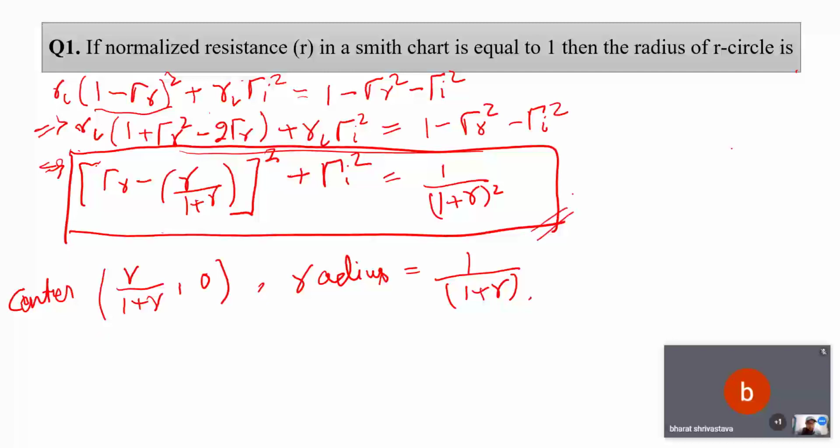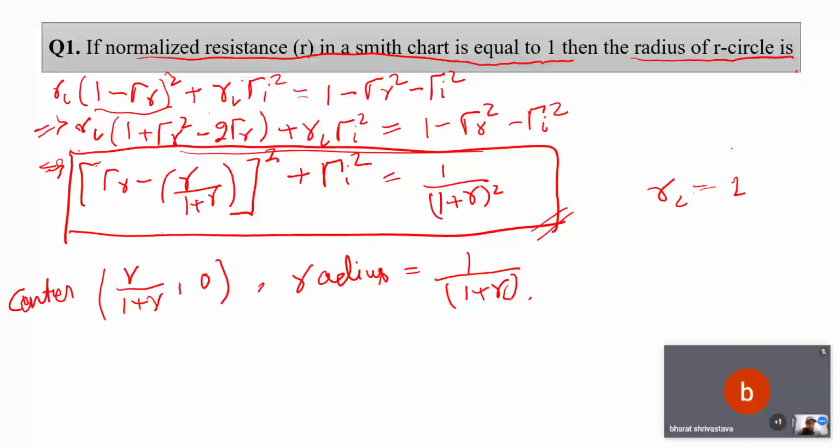In this problem it is given that the normalized resistance in the Smith chart is 1, that is, RL is given as 1, and you have to find the radius of the R circle.